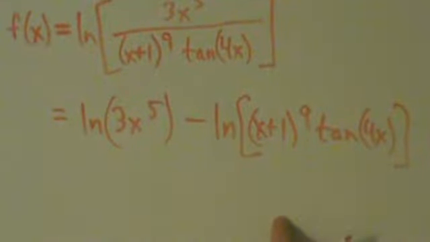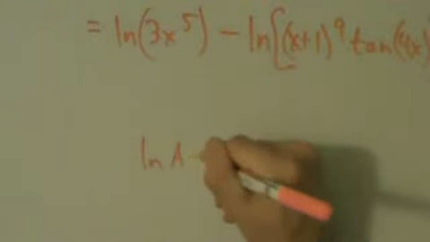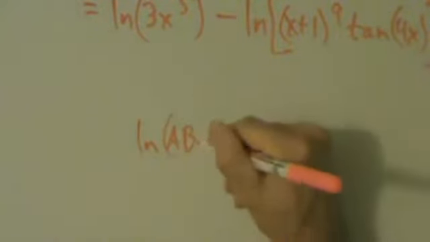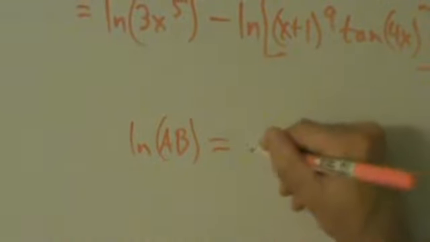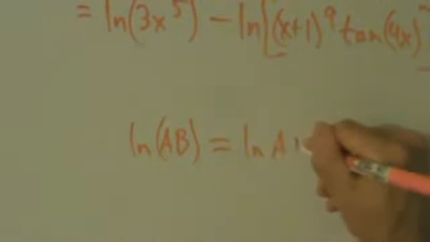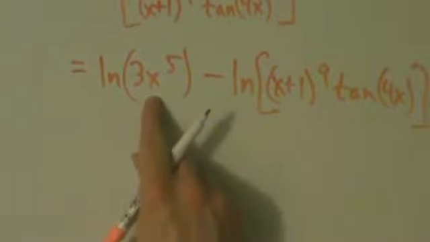That's good. So now we're going to want to use the fact that natural log of a product, we've actually used this fact once before in one of the other videos, I think, is natural log of the first thing plus natural log of the second thing. So here we have natural log of 3 times x to the 5th.